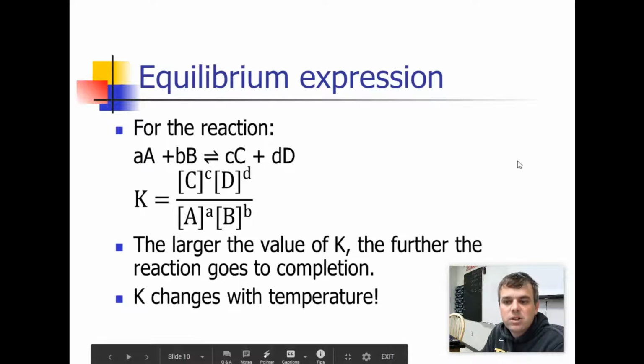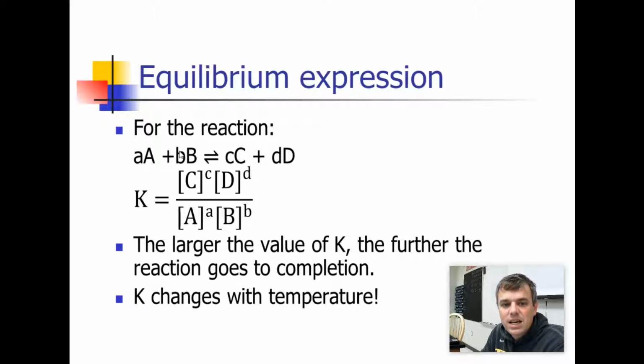With chemical equilibrium, we can write what's called an equilibrium expression. For a hypothetical reaction, aA plus bB makes cC plus dD, where the lowercase a, b, c, and d are the coefficients, this is how you would write the equilibrium expression. The square brackets represent concentrations, or molarities.